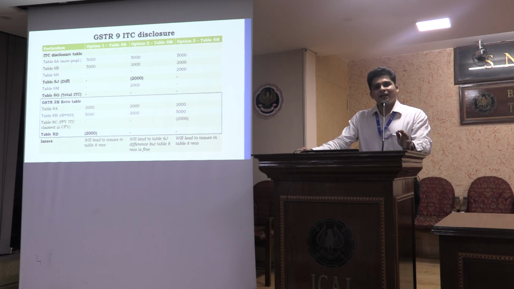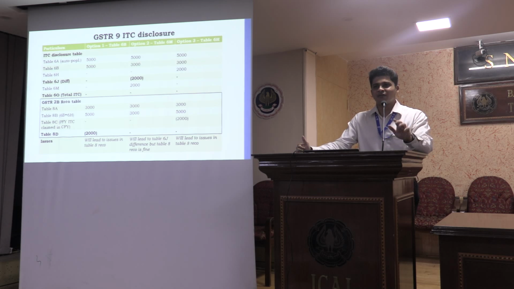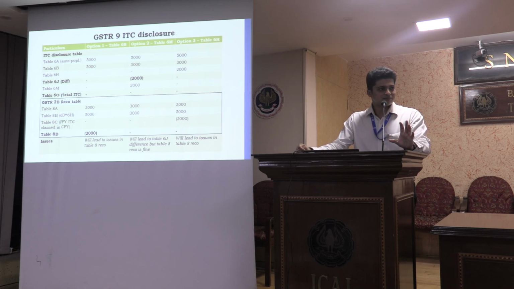In table 8A, you get only 3000 because the transaction in GSTR 2B of 22-23 will not reflect again in 23-24. A similar situation happens now for the temporary ITC which is reversed.